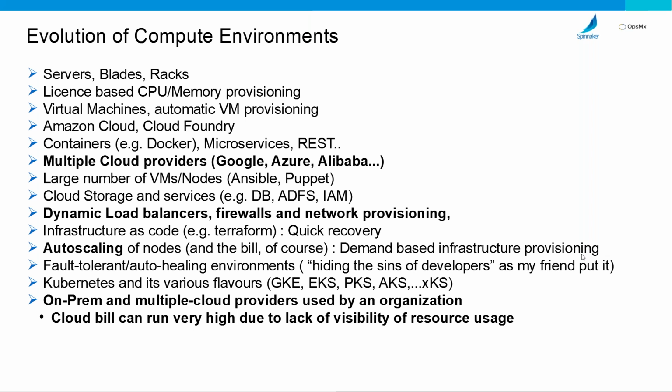And then we have cloud storage and services. Suddenly we have a cloud-based database, identity and access management, and so on and so forth. Dynamic load balancing, firewalls, network provisioning, infrastructure as code, auto scaling, fault tolerant, auto healing, and then you have Kubernetes and its various flavors, on-prem, multi-cloud providers.